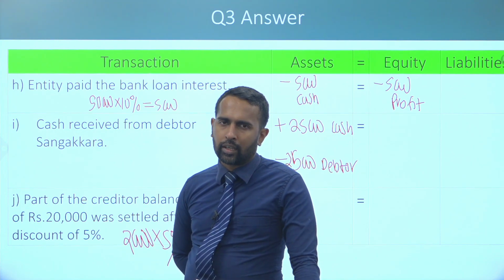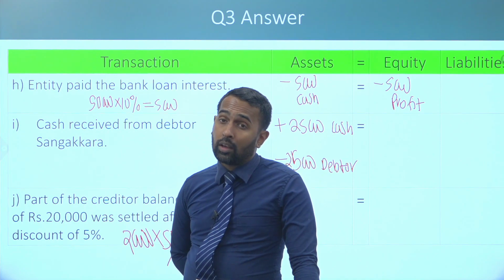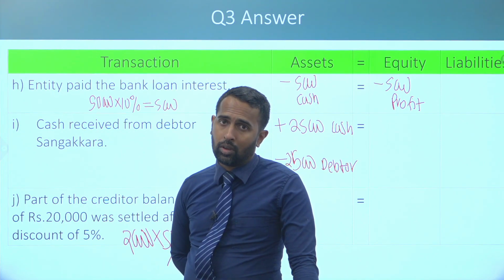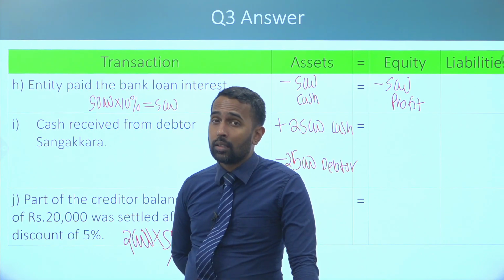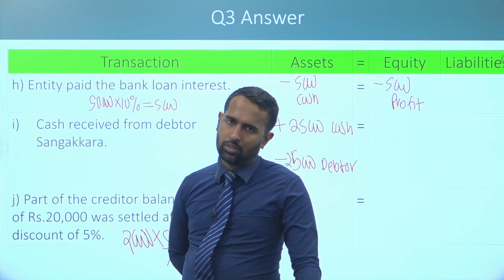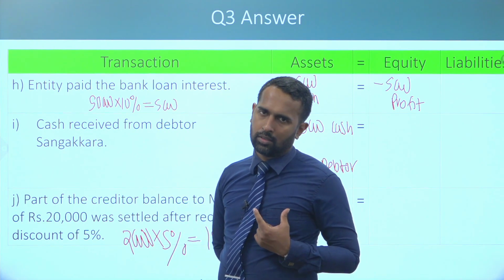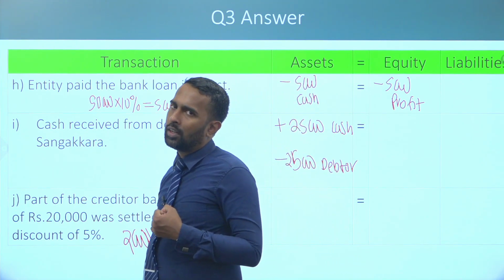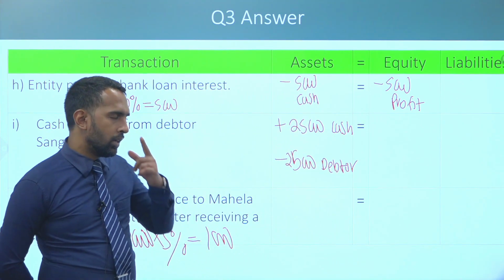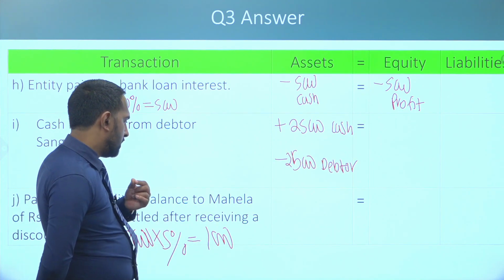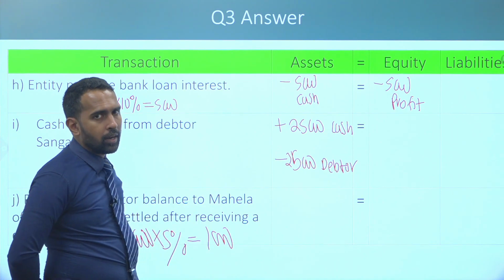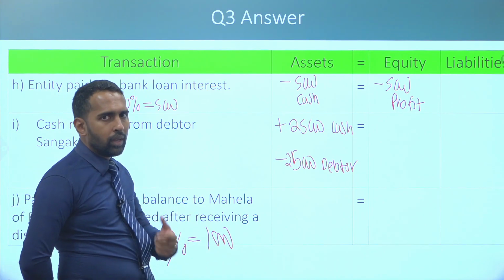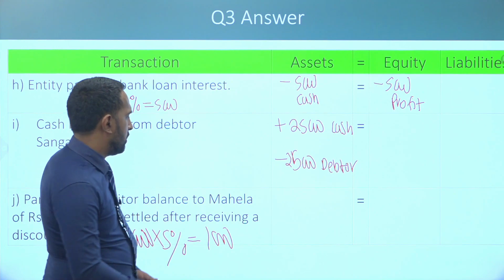It's an advantage to you. You are going to reduce 20,000 of the payable balance, the creditor balance, by just paying 19,000. So you are getting a 1,000 rupee benefit. That 1,000 rupee benefit is what we call the discount. So what will happen?